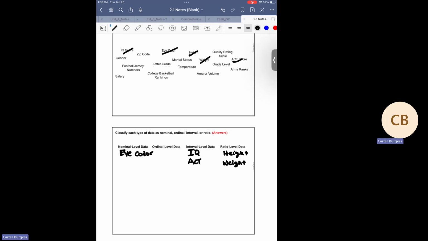What about letter grade? We said that was ordinal. Quality rating scale, that was like the good, average, poor, ordinal. Right? Being best is better than being good, kind of a deal.